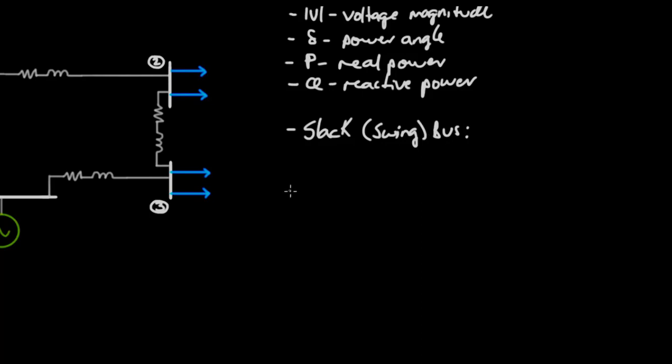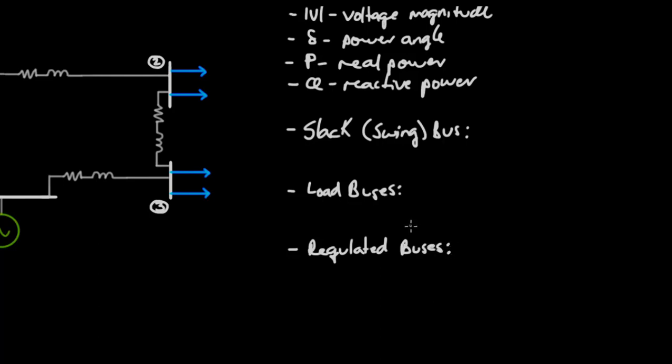We're also going to have what's called a load bus, or buses, I guess, in plural. And you're going to see here in a second why I didn't call this in the plural, buses. And we're also going to have what's called a regulated bus. So regulated bus, or rather buses in plural again.